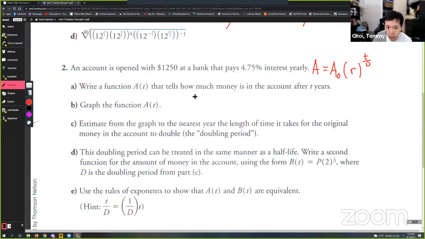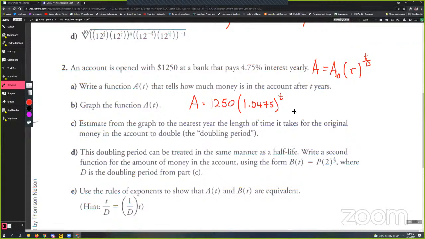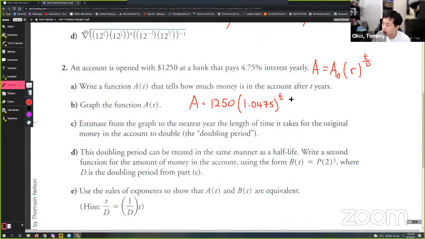The way you set up your equation here would be A is equal to 1,250, your initial amount, times the rate, which is 1.0475, to the power of T. Okay? So that's what's happening here. It's 1 plus 0.0475, because we're adding on to our original 100%.